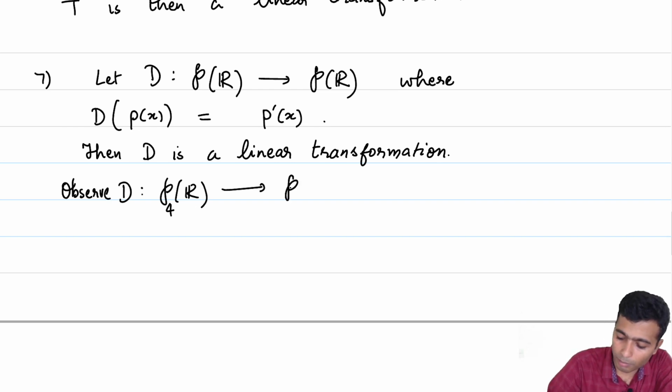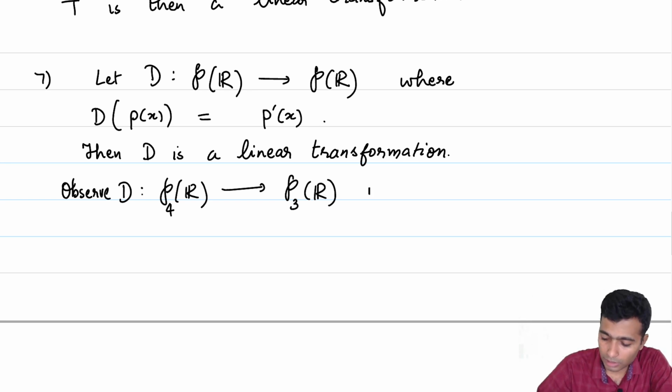So, this is a polynomial in P3 of R is also a linear transformation.